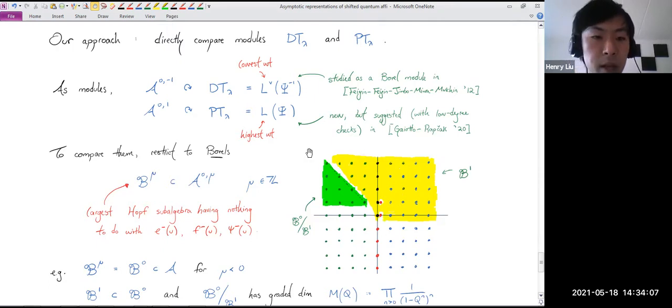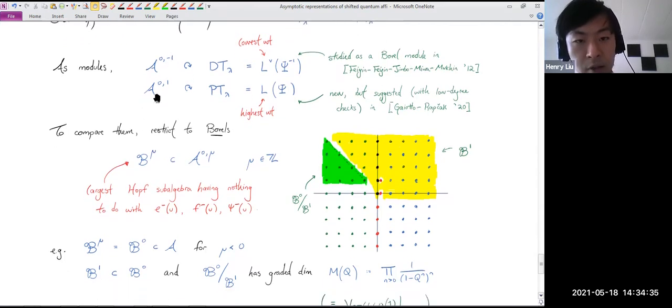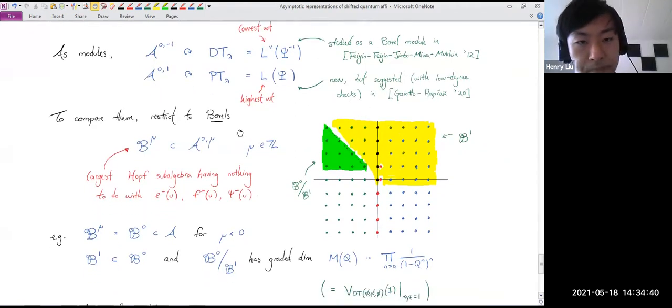But qualitatively, shifting by various amounts really changes the algebra by a lot. And so actually the more productive way of comparing these two modules is not to compare them for the whole algebras, but to restrict to certain quantum Borels inside these algebras, like all these precursors did.